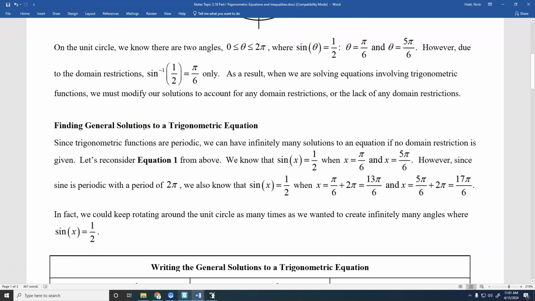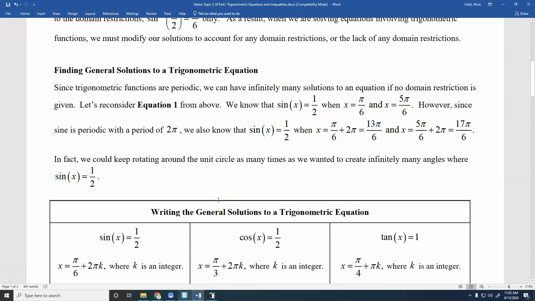To find a general solution of a trig equation, we did this a little bit in the warm-up. Since we know sine of x equals 1/2 whenever x equals pi over 6 and 5 pi over 6, and since we know the period is 2 pi, we also know that sine x equals 1/2 whenever x equals pi over 6 plus 2 pi, or 5 pi over 6 plus 2 pi.